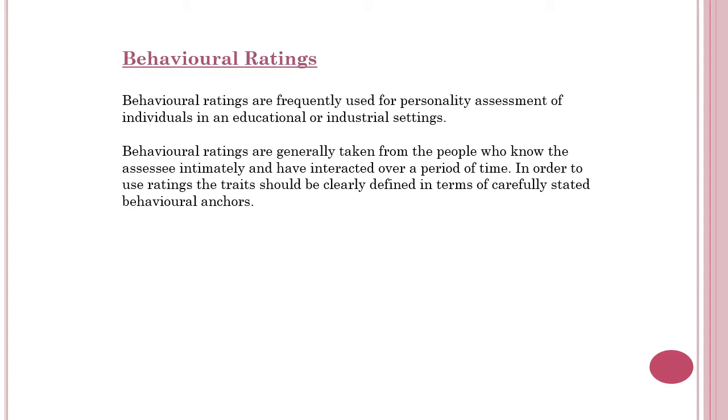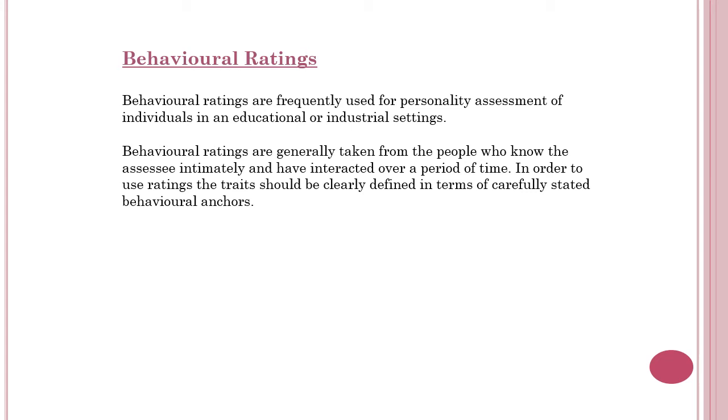In order to use ratings, the traits should be clearly defined in terms of carefully stated behavioral anchors. Why is it so? Because they attempt to put individuals into certain categories in terms of their behavioral qualities. The categories may involve different numbers or descriptive terms.